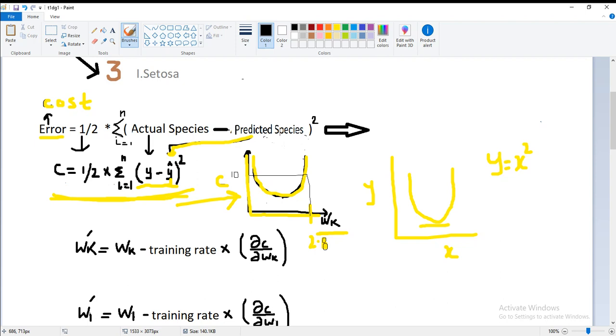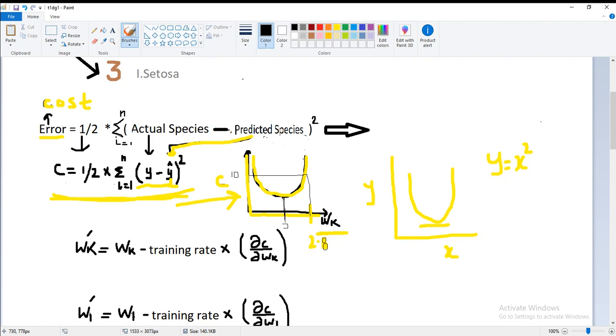Now what do we need to achieve here? As I said in the last video, the weights should minimize the cost. So to minimize the cost, we should be reducing our weight. The weight should be reduced a bit in such a manner that it approaches this value. We have to calculate the weight in such a manner that we approach this point.